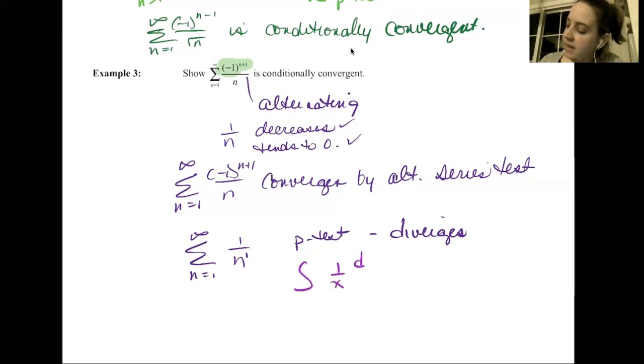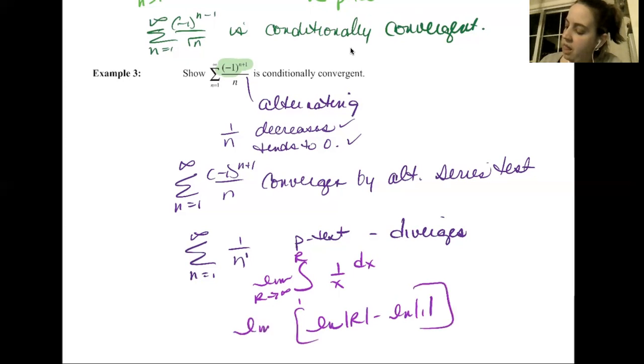And this is the integral of 1 over x dx between 1 and r, the limit as r approaches infinity, integral test. This is the natural log of r minus the natural log of 1, the limit as r approaches infinity. This is going to be infinity. This diverges.